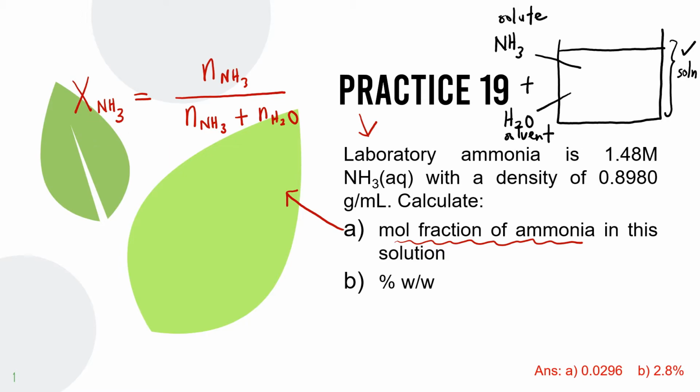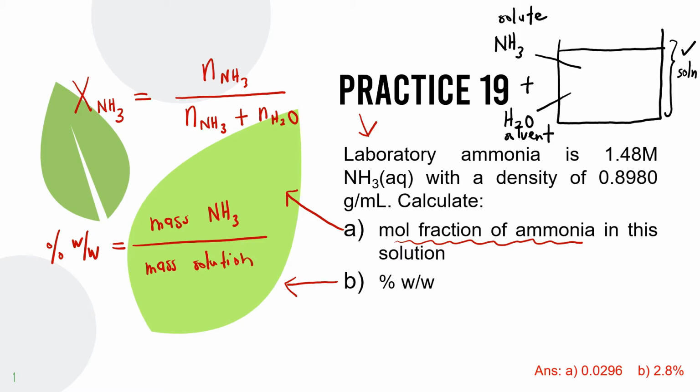And for the second question, you need to find the percentage by mass of ammonia in the solution. So you are going to find percentage mass over mass of ammonia. We need mass of solute, which is ammonia, over mass of solution. Here mass of solution refers to mass of ammonia plus mass of water.